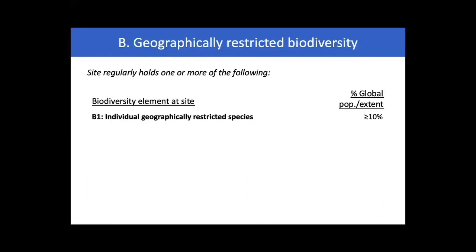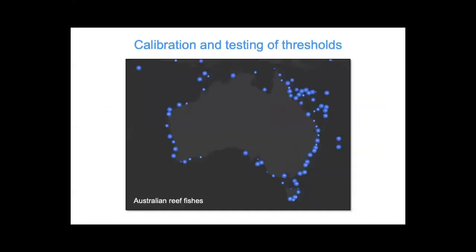And thresholds are generally higher for other criteria that are not targeted specifically at threatened biodiversity. So for example, under B1, the threshold for individual geographically restricted species is 10% of the global population size. And all these thresholds were developed based on previous experience and through a series of technical workshops.